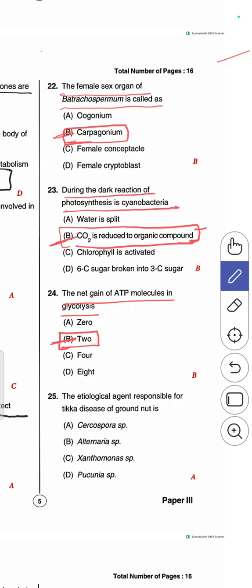Then 25th question. The ecological agent responsible for Tikka disease of groundnut is.